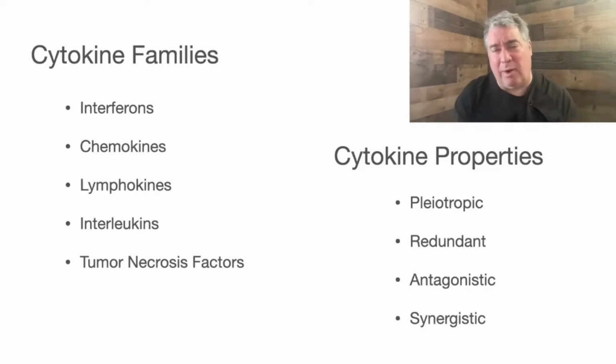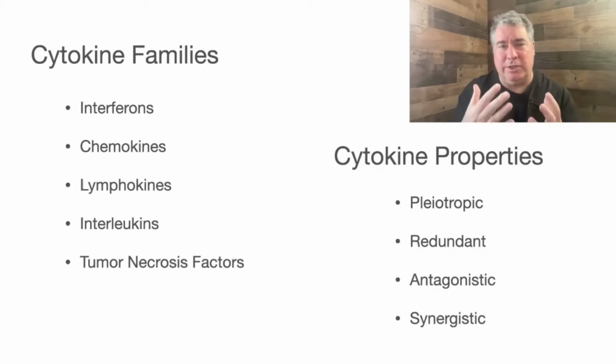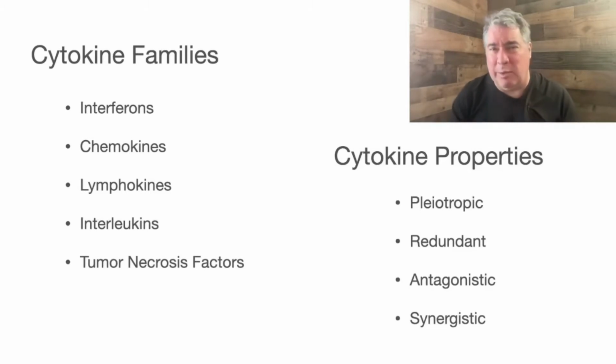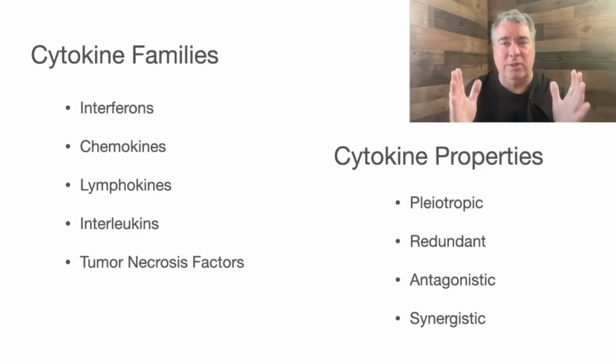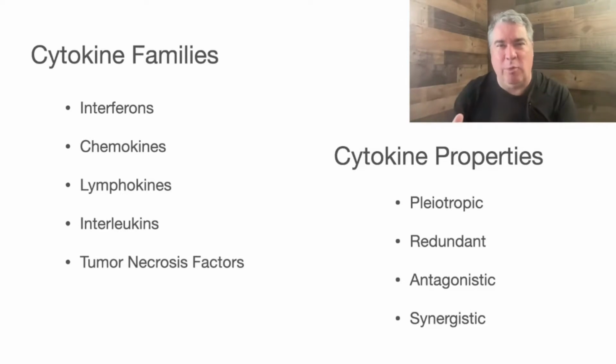Some of the properties that cytokines have are important in how they function, and it's important to understand these properties to get a sense of the versatility of these molecules. First of all, they're pleiotropic. What does that mean? Pleiotropy means that cytokines can engage a number of different cell types, perhaps not all, but many.